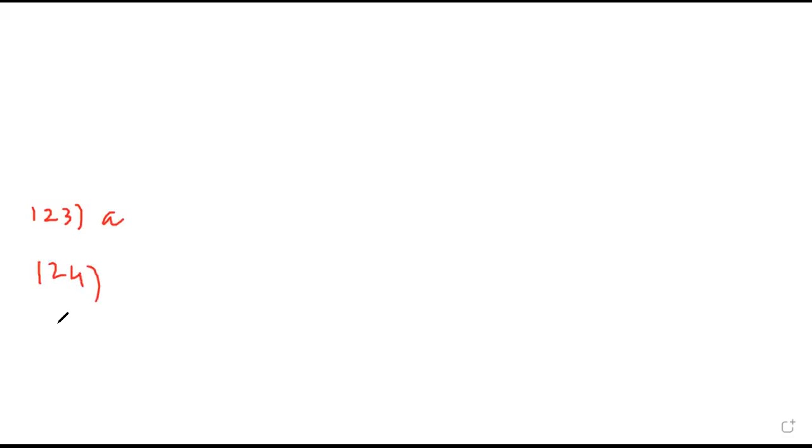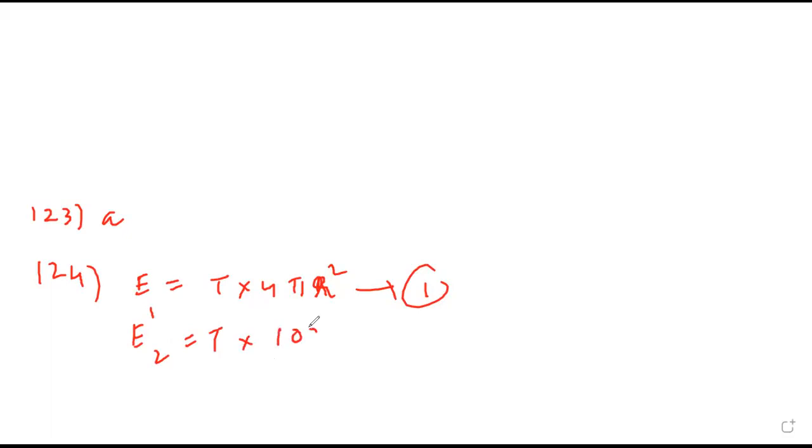Surface energy of one drop is E. One drop's surface energy is T into 4 pi r squared. If 1000 such drops collapse to form a large drop, then its surface energy E1 will be how much? The 1000 droplets combine to form a bigger drop.